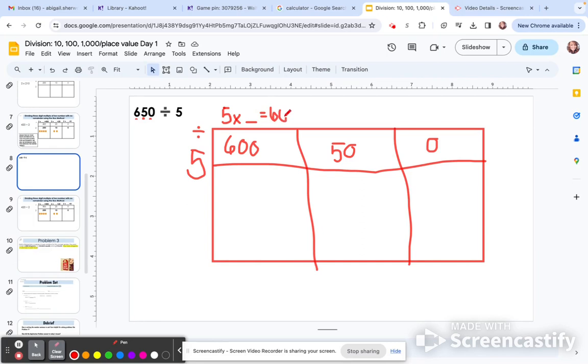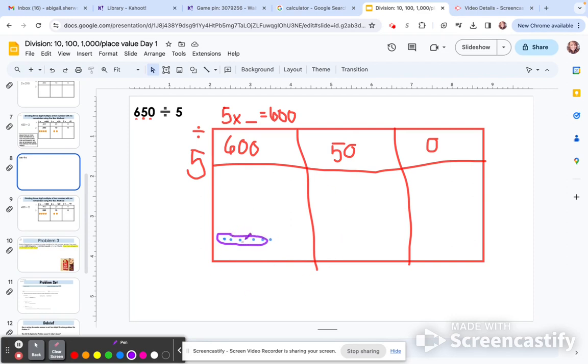Now, I don't know what 5 times what is to make 600, but what I can do is draw 6 discs to help me out. And I can go ahead and group those 6 discs by doing a group of 5. So here we go.